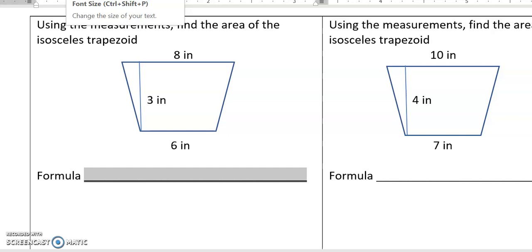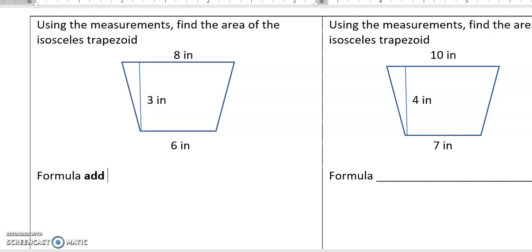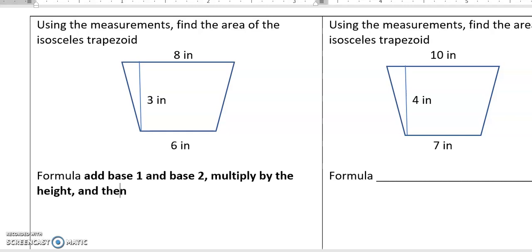So for the formula for the area of a trapezoid, I will say add base 1 and base 2, multiply by the height, and then divide by 2.